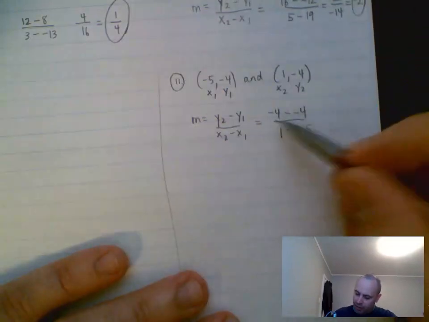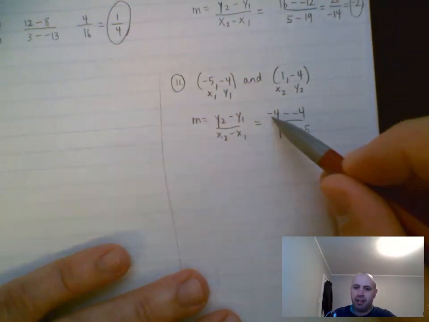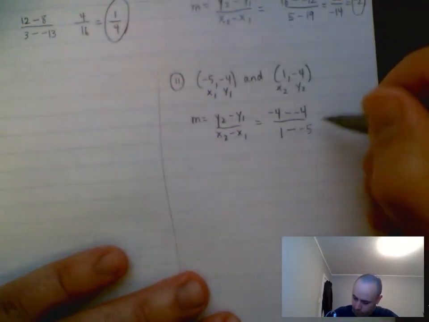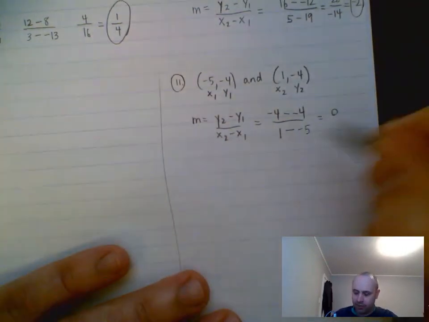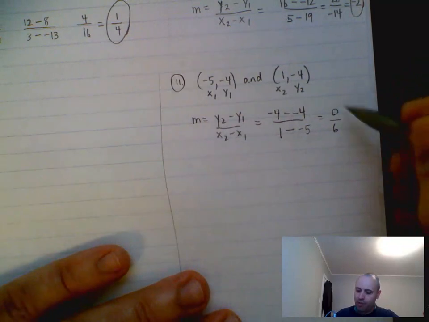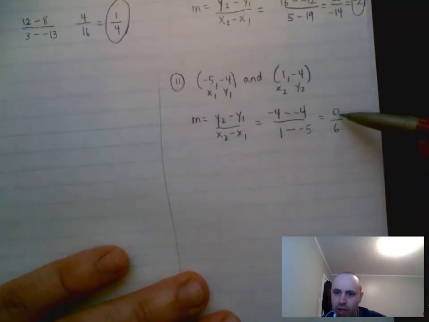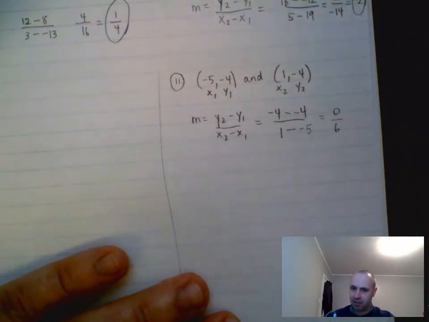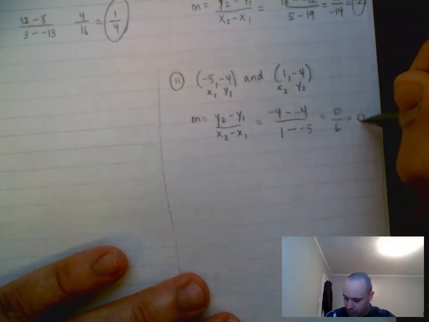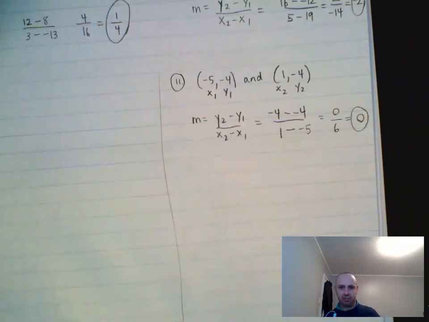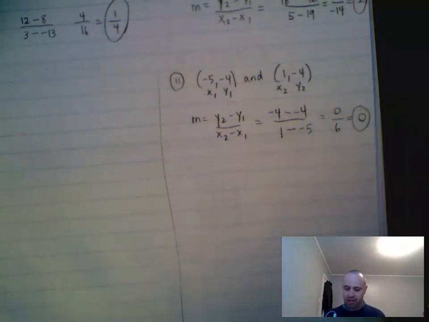Negative 4 minus negative 4 becomes negative 4 plus 4, which is 0. And on the bottom, it's going to be 1 plus 5, which is 6. So when you have nothing out of 6, like you've made no shots out of 6, you're at 0% shooting, right? So that's going to be a slope of 0. That's called a special case. That's a slope of 0. So 0 out of 6.